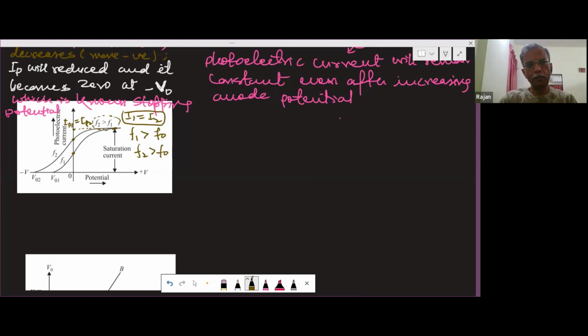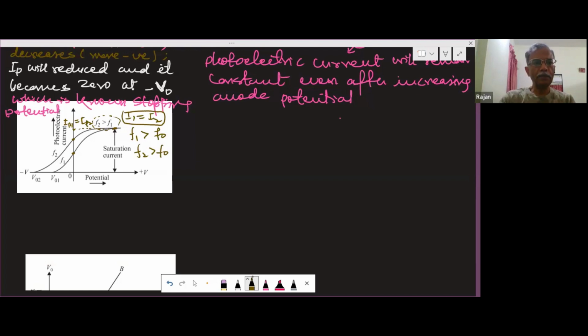Now once I'm applying the negative potential, because this one has higher kinetic energy, you want to stop it. It has higher velocity. The second one has photoelectrons which have come out with higher velocity. So to stop it, a higher potential will be required.